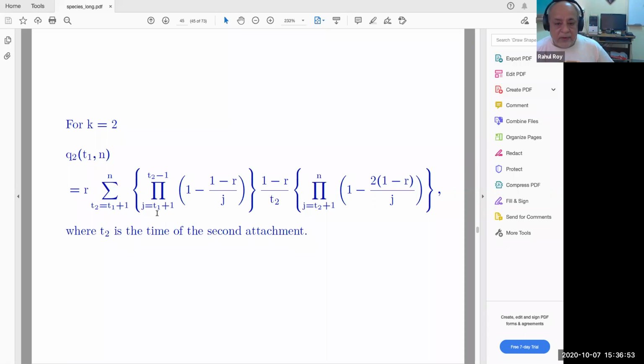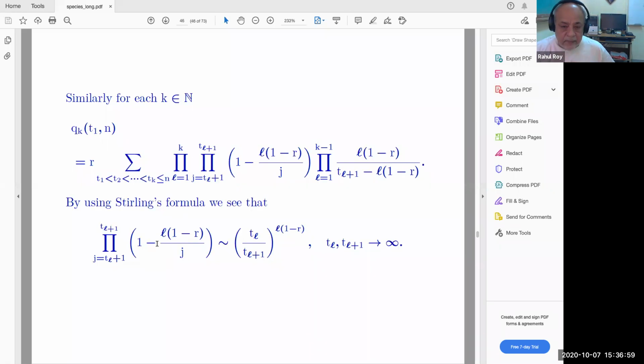And you sum over all t2, and this is exactly the time of the second attachment. Similarly, for q_k, you can do the entire sum. This is exactly what happens at q_k.